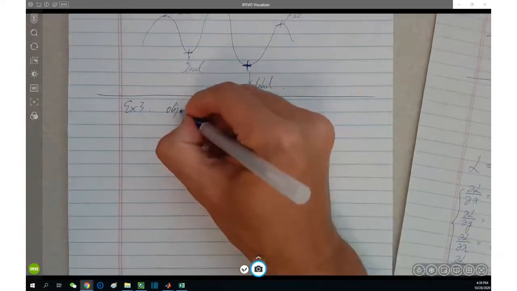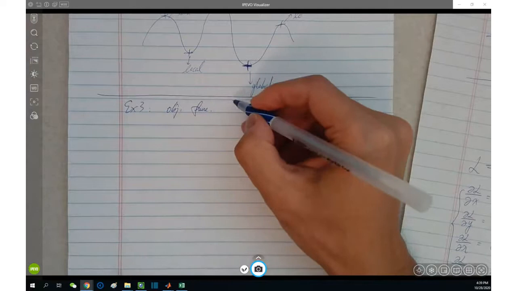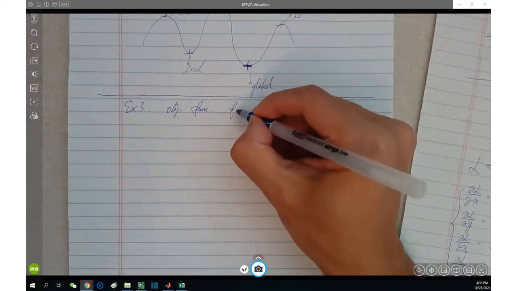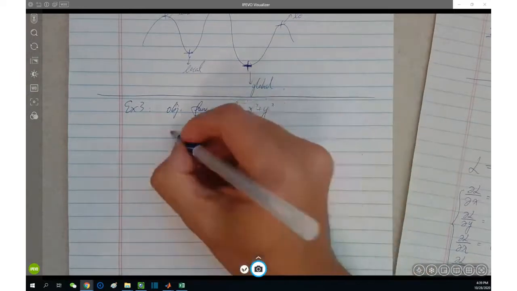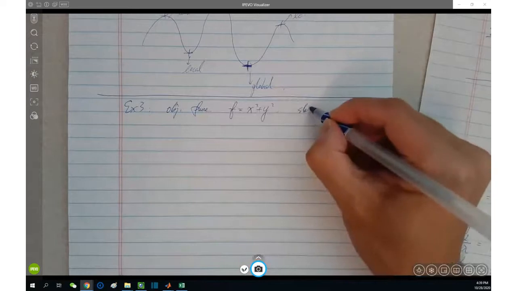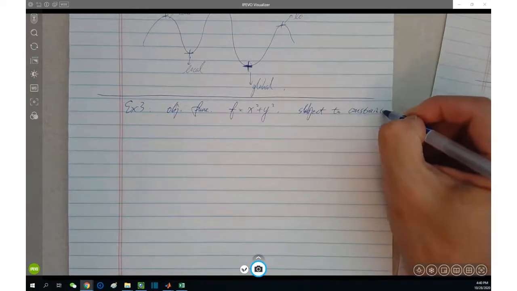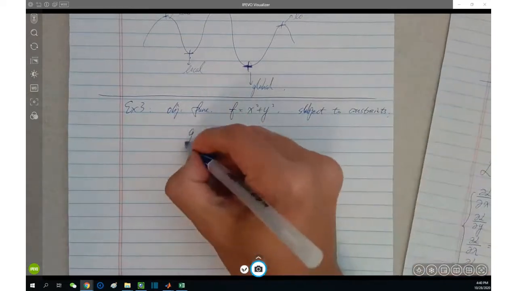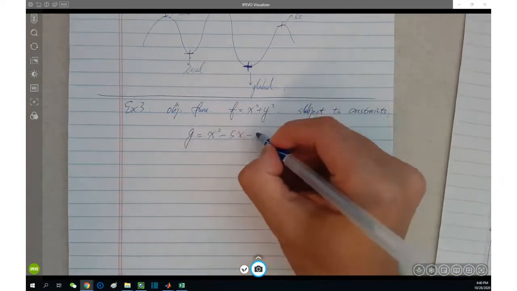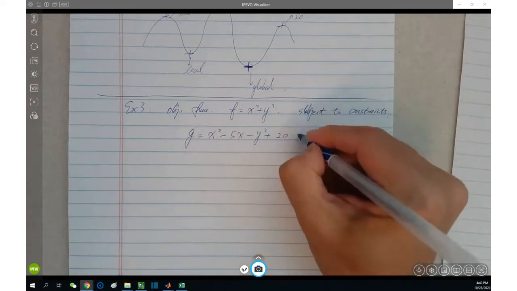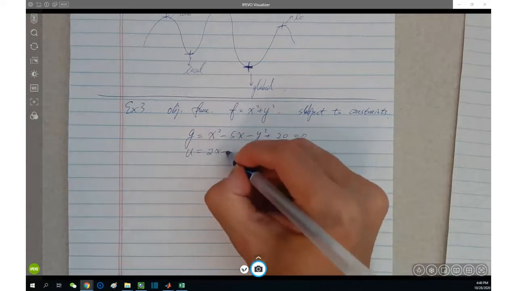The objective function is given as f, subject to the constraints x squared minus 5x minus y squared plus 20 equals 0, and 2x plus y greater than 6.